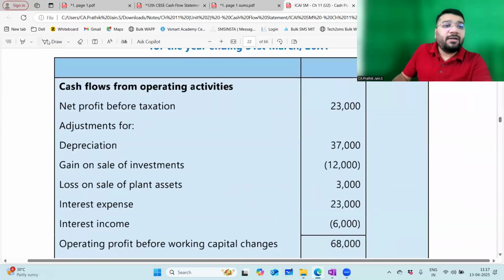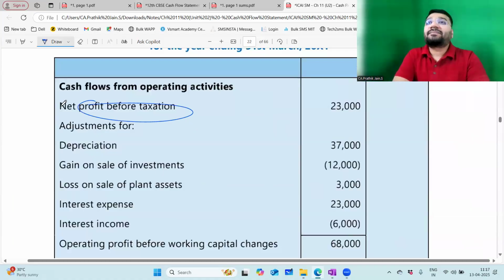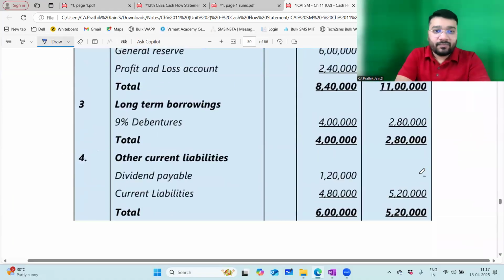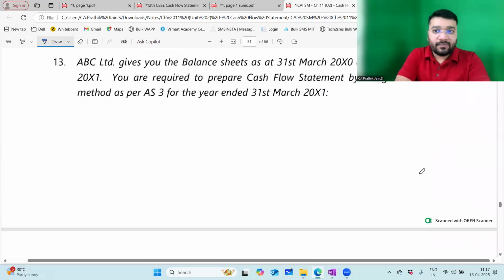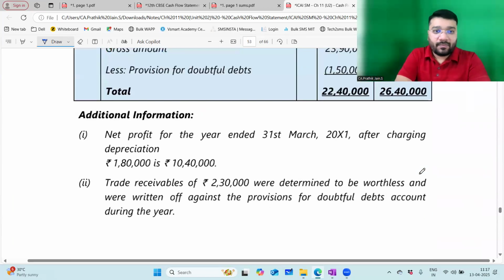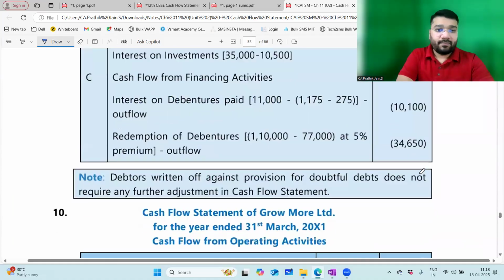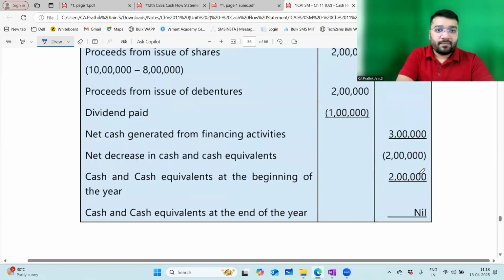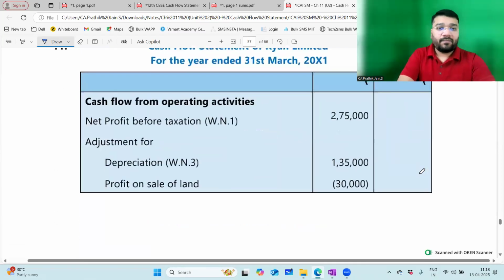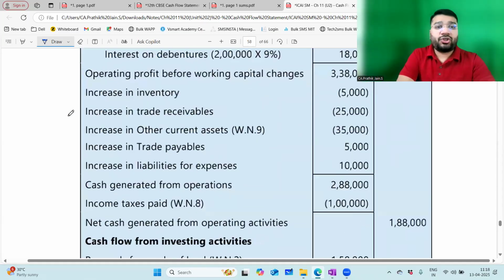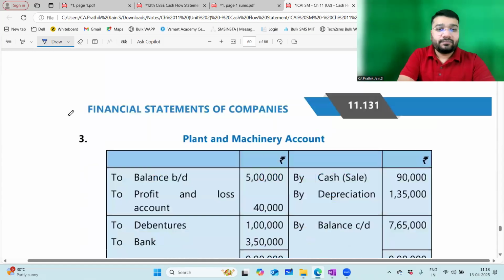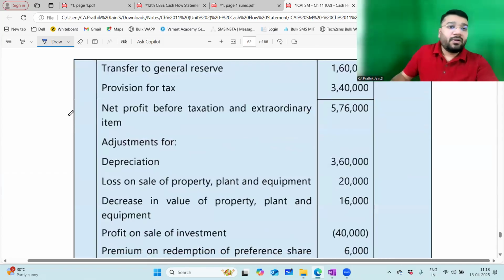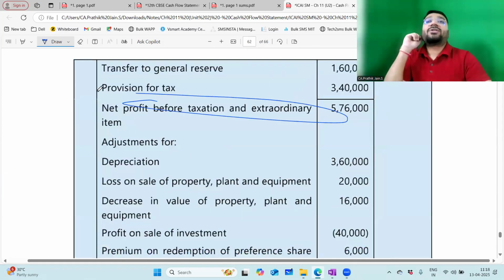See here, profit before tax. Profit before tax. Profit before tax and extraordinary item.